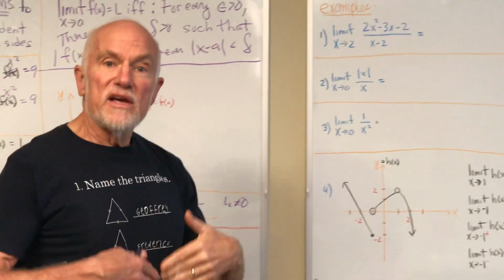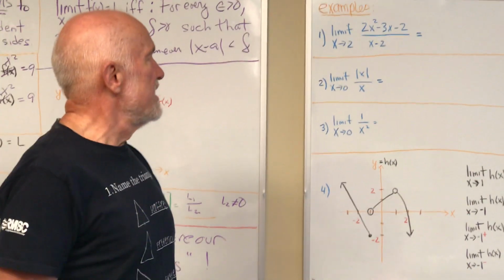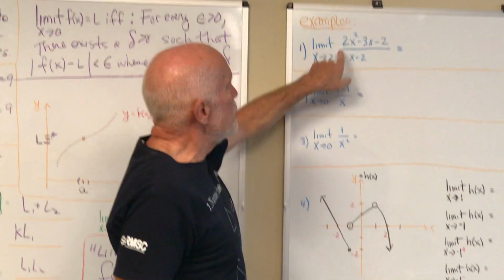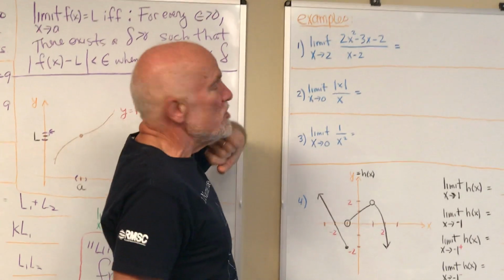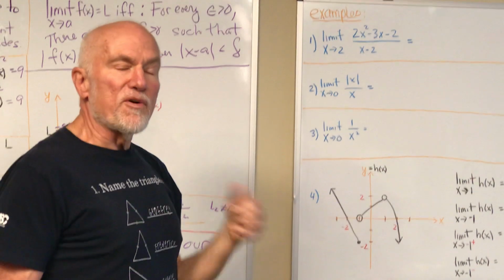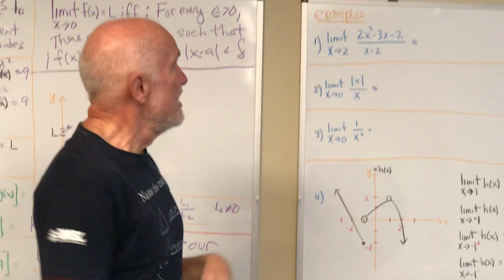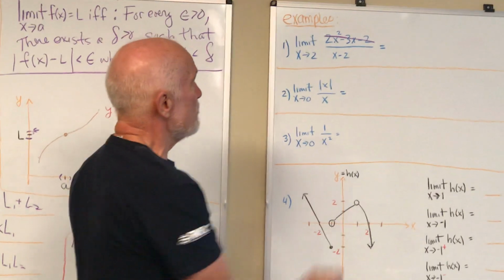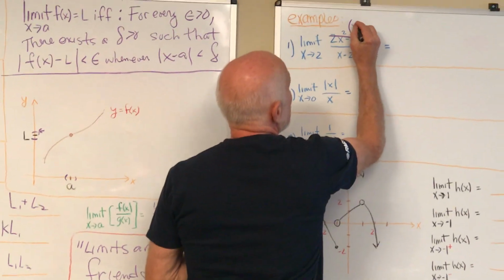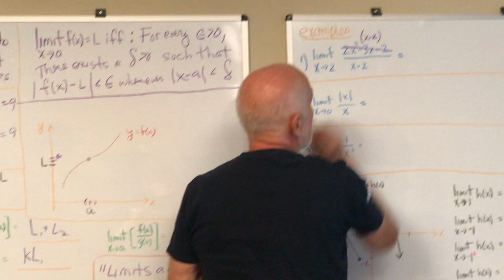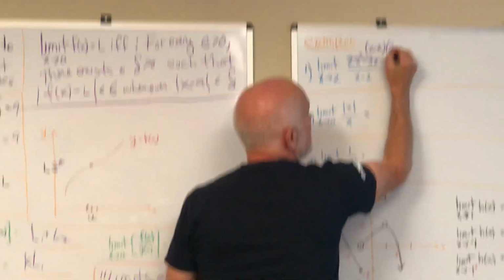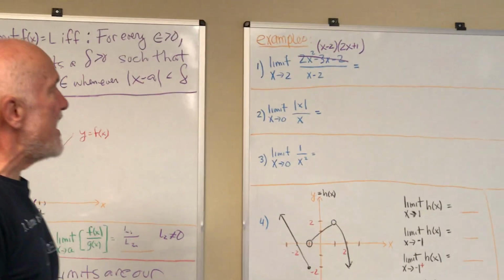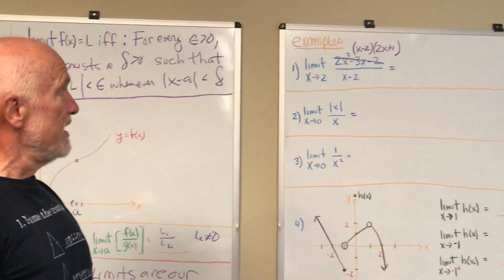Well, this is where algebra comes into play. I think we can simplify this. When we plug 2 into the numerator, you also get 0. So from the fundamental theorem of algebra, we know that the numerator can be factored, and one of the factors has to be x minus 2, and with a little bit of thinking, you can get the other factor to be 2x plus 1.